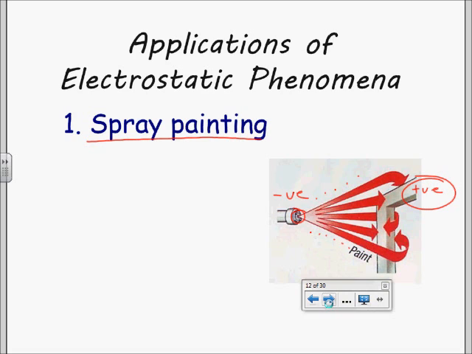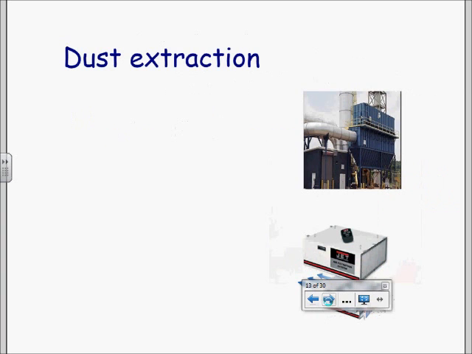So if it was a spray booth for a car that's been manufactured, the body of the car will be connected to a circuit and the paint sprayed onto it. Rather than simply relying on gravity, causing the droplets to fall onto the car, you've got the droplets actually being attracted to the vehicle instead, giving a much more precise and complete paint job.